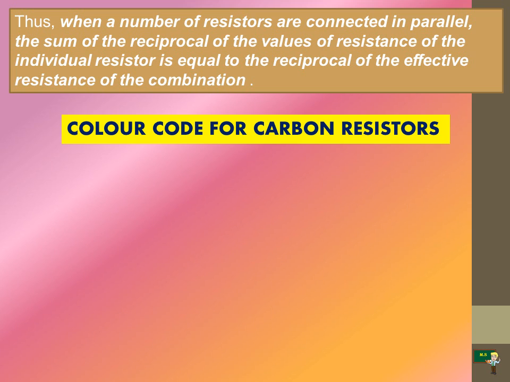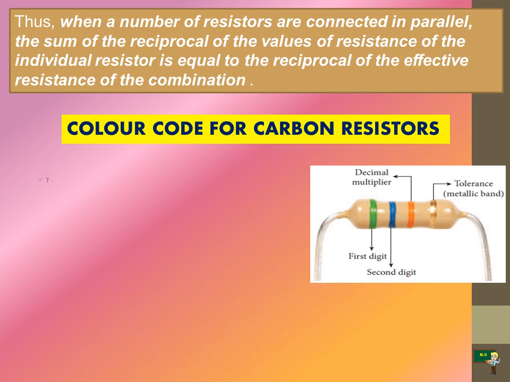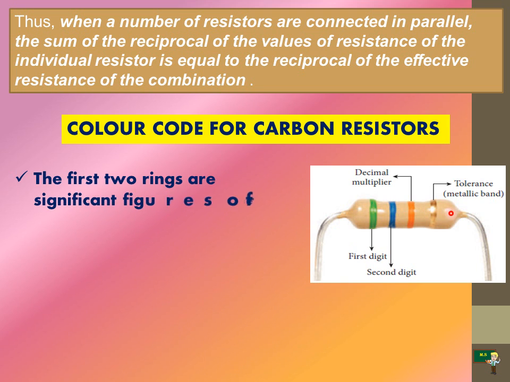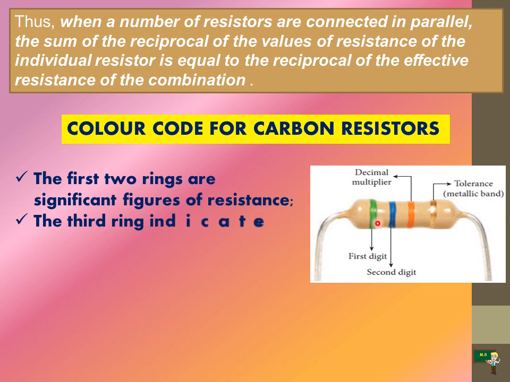Now, carbon resistors consist of a ceramic core on which a thin layer of crystalline carbon is deposited. You can see here it is a ceramic one, and thin layers have been shown.